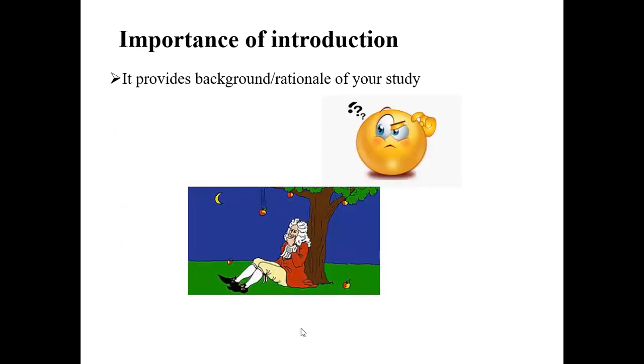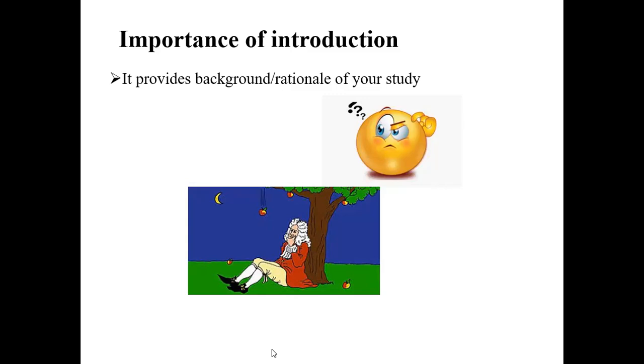And looking at the importance of the introduction, what the introduction should show is what is called the rationale. A rationale is a background of why you thought to start the study. It goes with the first point that I said, that you start by introducing the importance of the crop and then introducing the challenge.